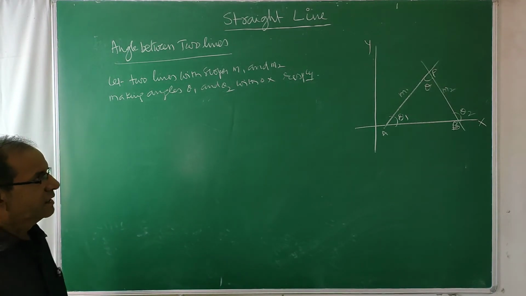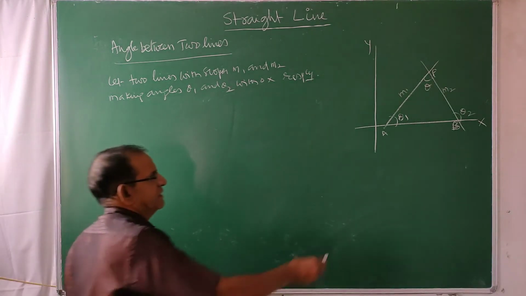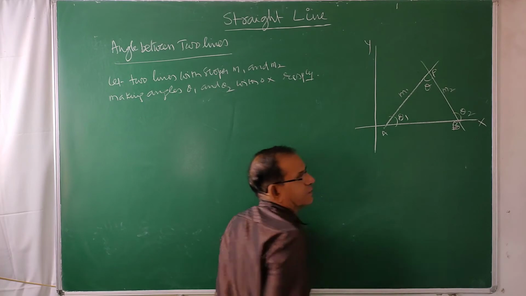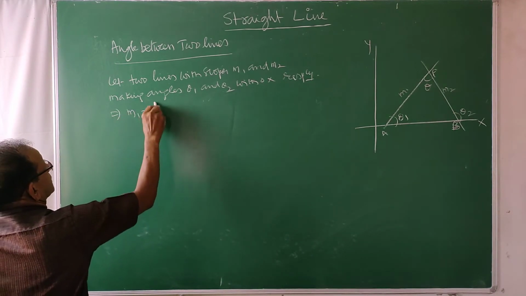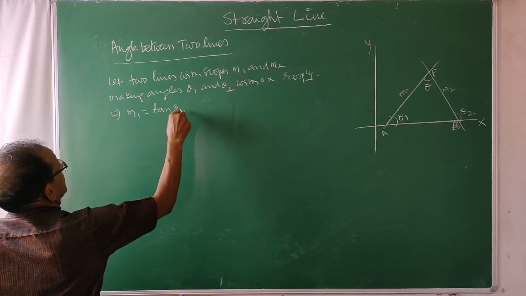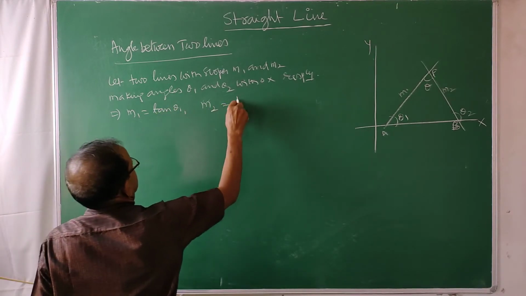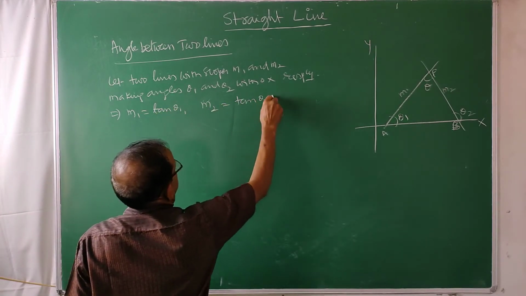Then m1 must be equal to tan theta 1 and m2 must be equal to tan theta 2.